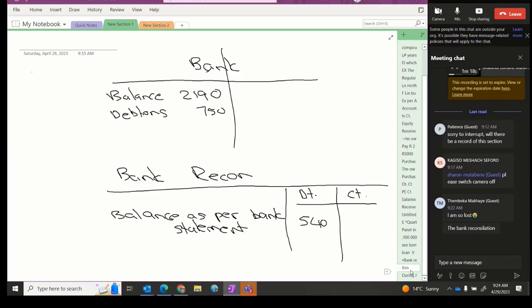That is what should be in your bank account according to your books. But then at the end of each month, you receive a bank statement. And the bank statement is reflecting all your payments and also the money that you received. And you must compare the bank statement with your books to see if the bank deposited all your money and all the payments you made, if they paid the different people and so on. Because you must check that every month to see who was paid and who not.